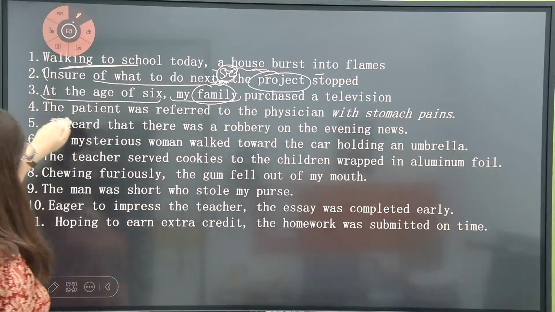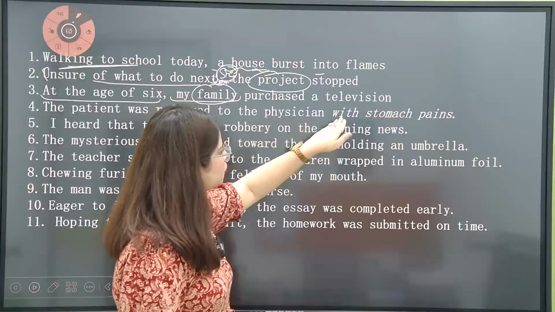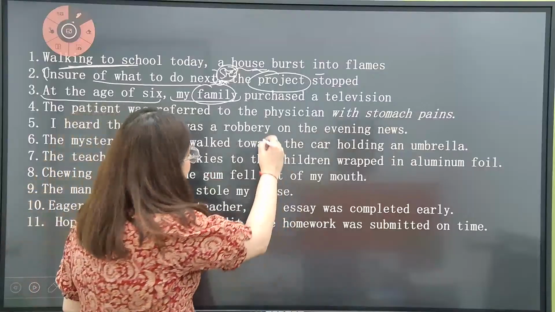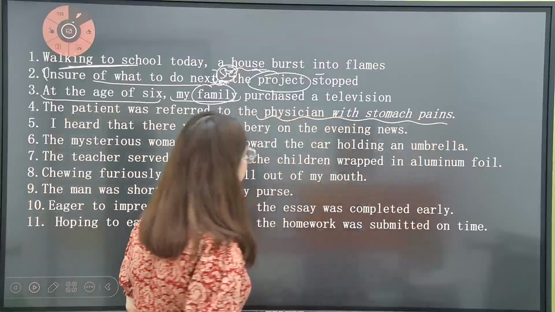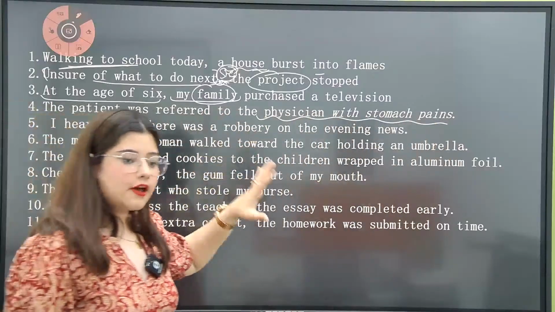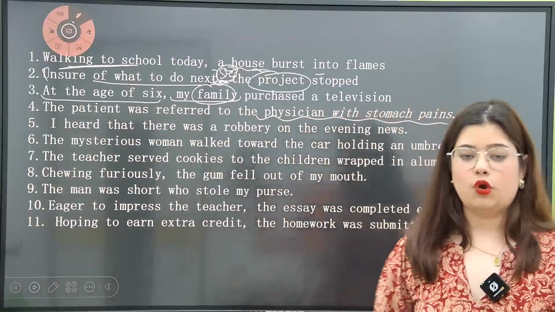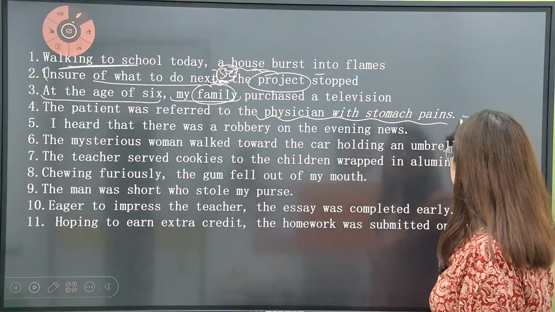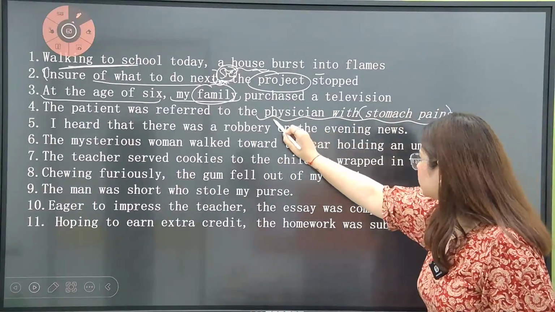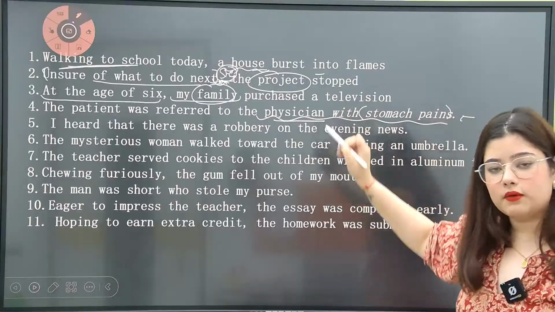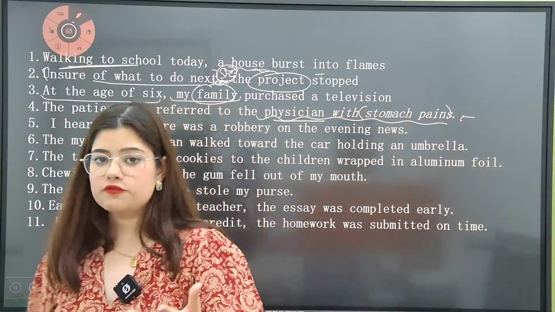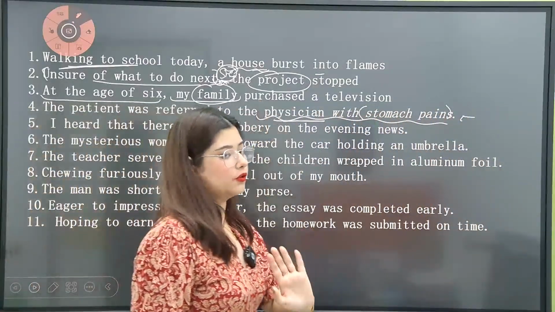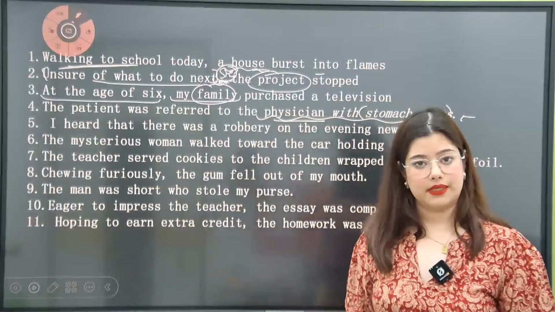Next, the patient was referred to the physician with stomach pains. Physician with stomach pains. Was the doctor suffering from stomach pains? Obviously not. But here, because stomach pains is placed in close proximity with the physician, it gives off a wrong impression that the doctor was suffering from stomach pains, right?